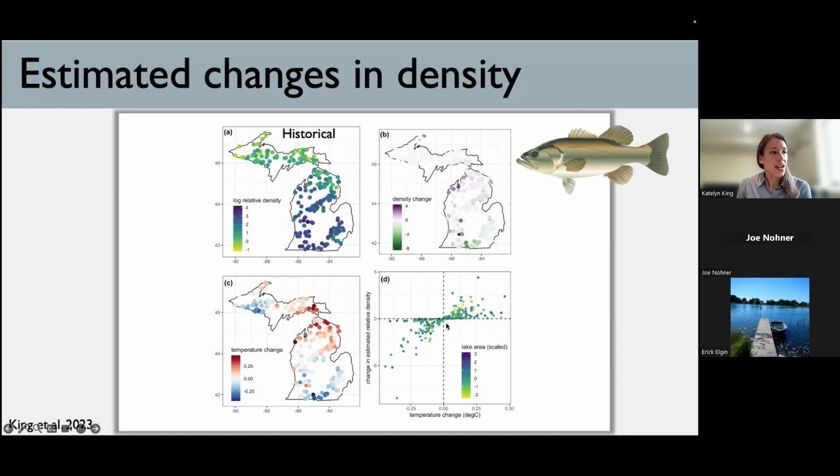And so you can sort of start to see a trend here of these really dark purple lakes, some of them are hidden, being more towards that no change in temperature, whereas a lot of the lighter yellows and light greens are changing, either increasing or decreasing in temperature more over time.